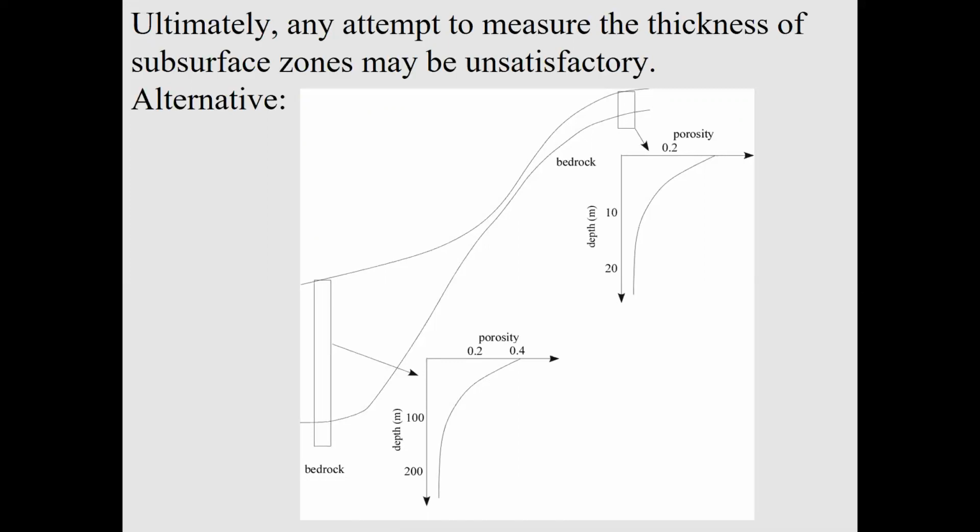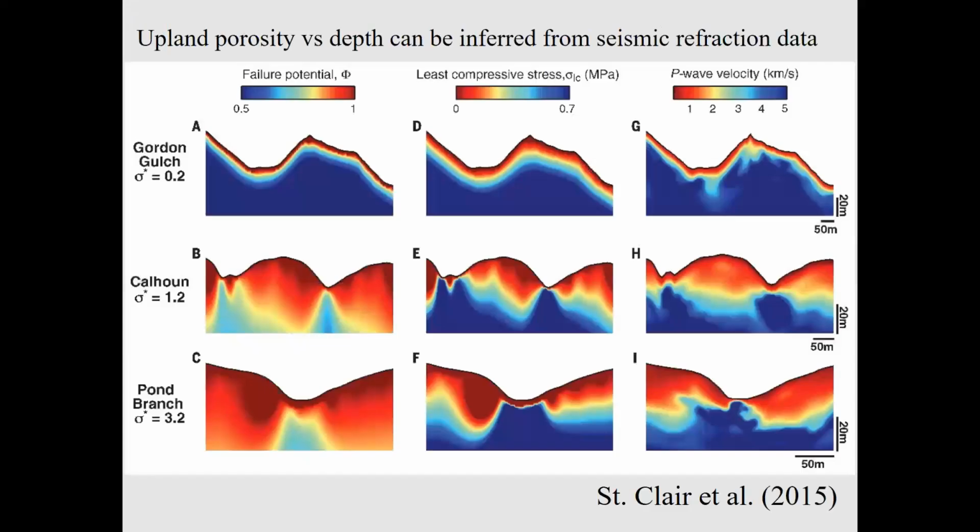So that compaction curve is fairly well known, and there's quite a bit of data. So a new alternative approach that I'm pursuing, and I'm sure other people are pursuing, is to try to characterize the subsurface architecture using these common curves, and then just trying to calibrate and estimate the length scales associated with these declines as a function of depth and how they vary across the landscape.